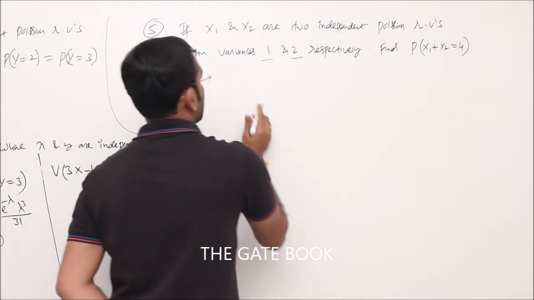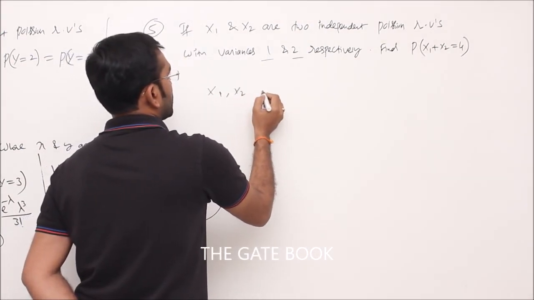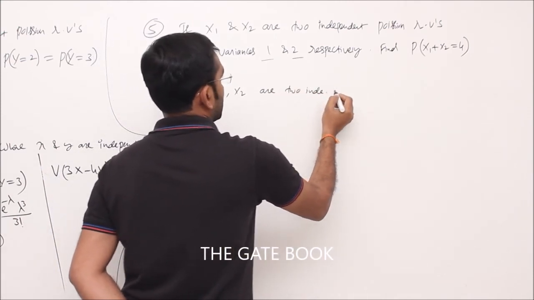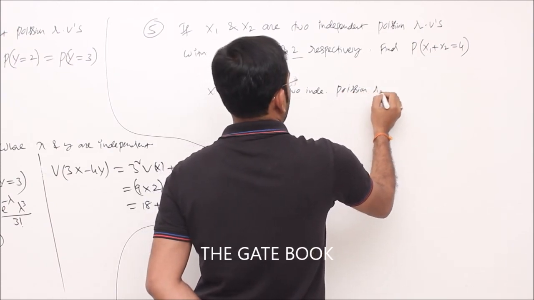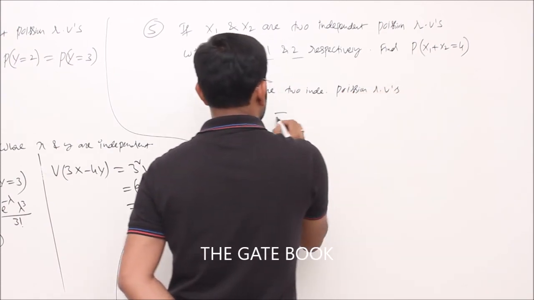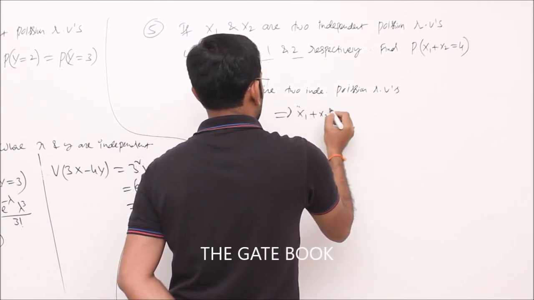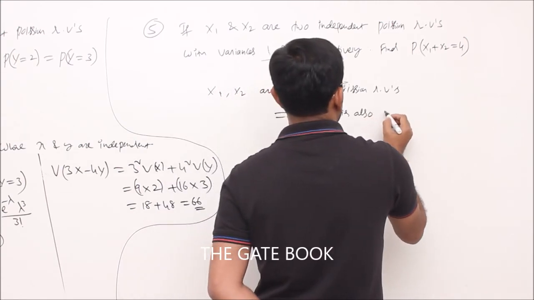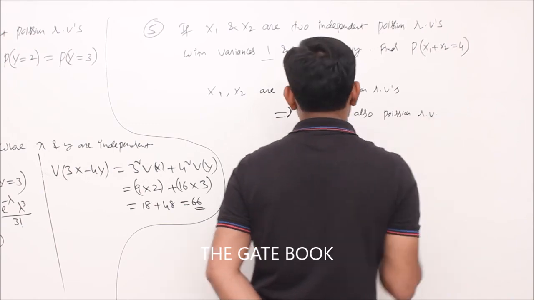Here we have one property. If x1, x2 are two independent Poisson random variables, it implies the sum x1 plus x2 is also a Poisson random variable.